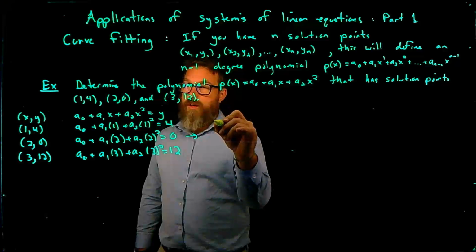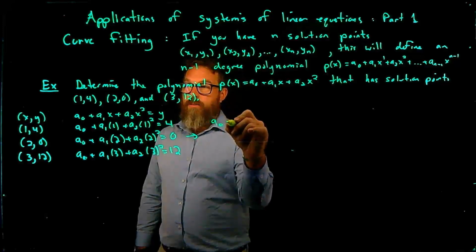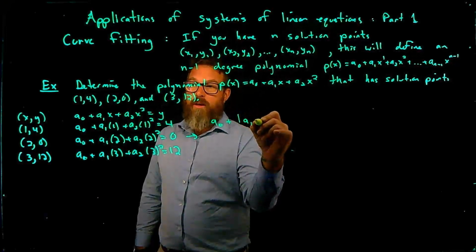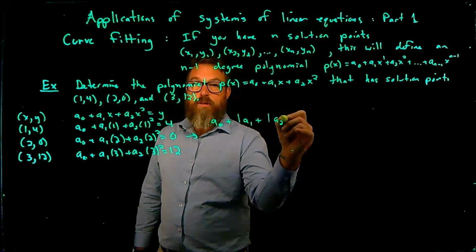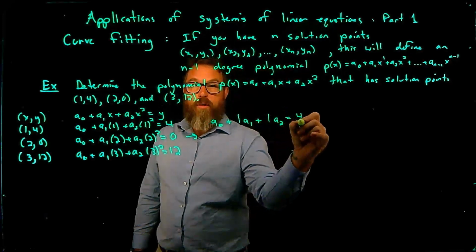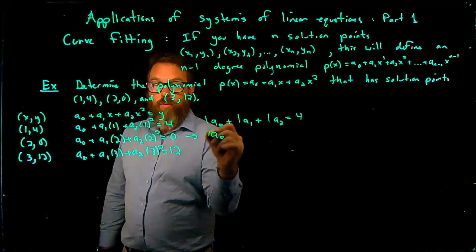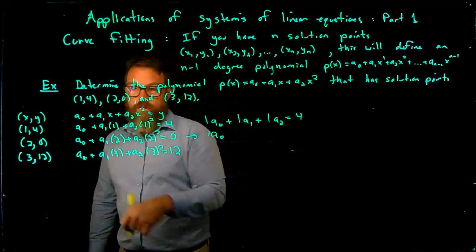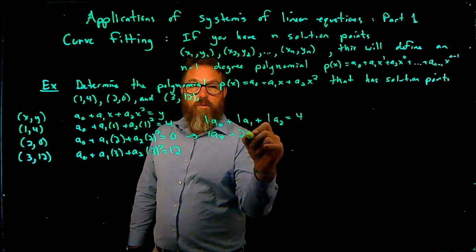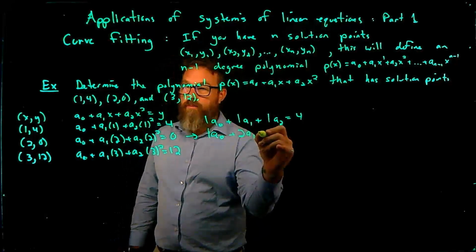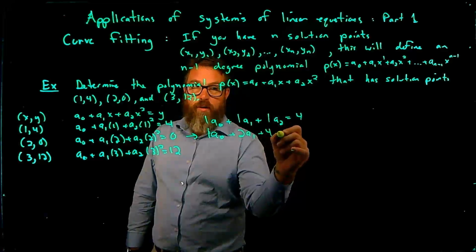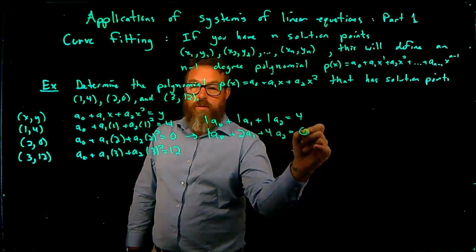So let's write this. I have a naught plus 1a1 plus 1a2, because that's what 1 squared is, equal to 4. The next one I'm going to have a naught, and there's still 1 in front of those as well, so these all have coefficients 1, plus 2a1, 2 squared is going to be plus 4a2, is equal to 0.